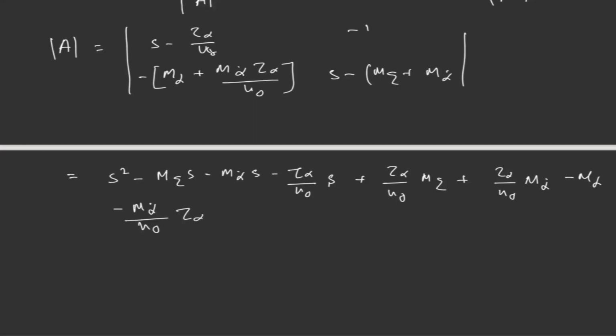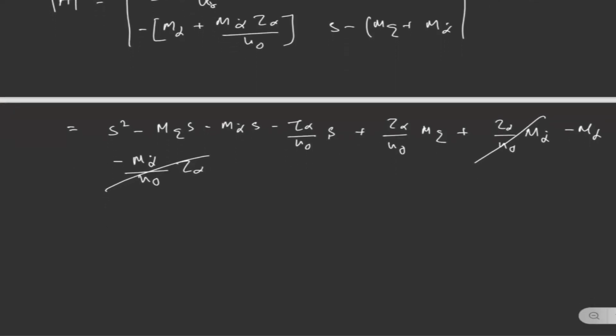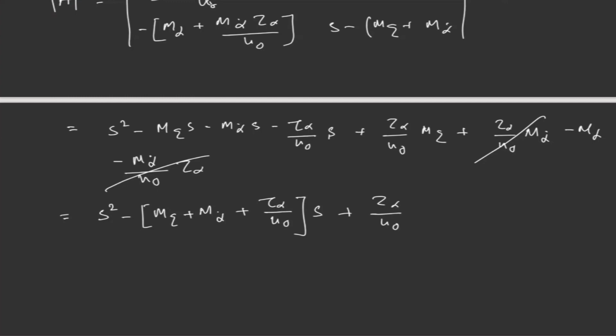Here these two terms are the same and cancel out, and from this we get the determinant s squared minus mq plus m alpha dot plus g alpha divided by u naught s plus g alpha divided by u naught mq minus m alpha.